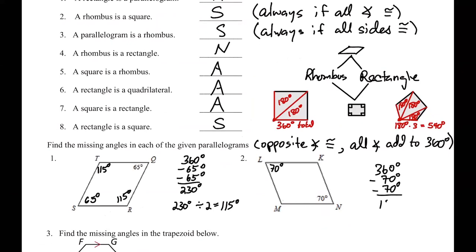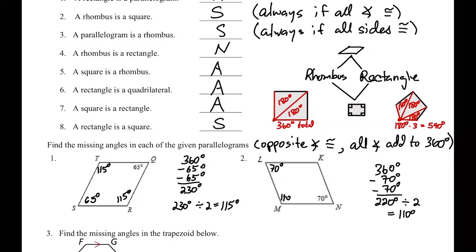That's going to give me 220 degrees split evenly among the two remaining angles, which is going to give me 110 degrees.